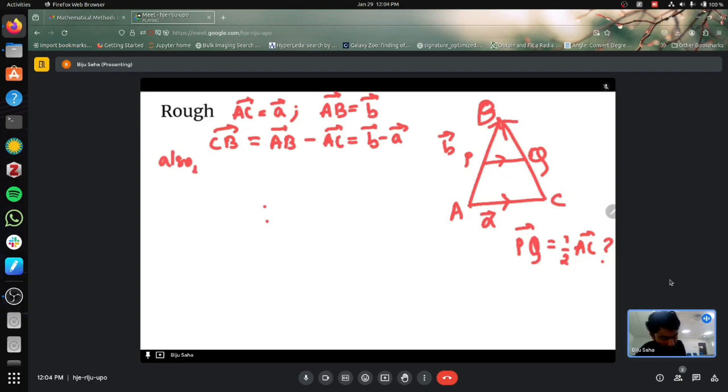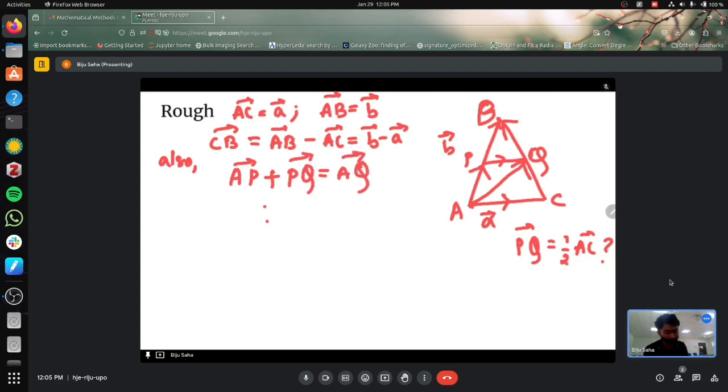Also, let us draw a line joining these two points, from one vertex to the midpoint of the other. In that case, what we can write is AP vector plus PQ vector is equal to AQ vector.